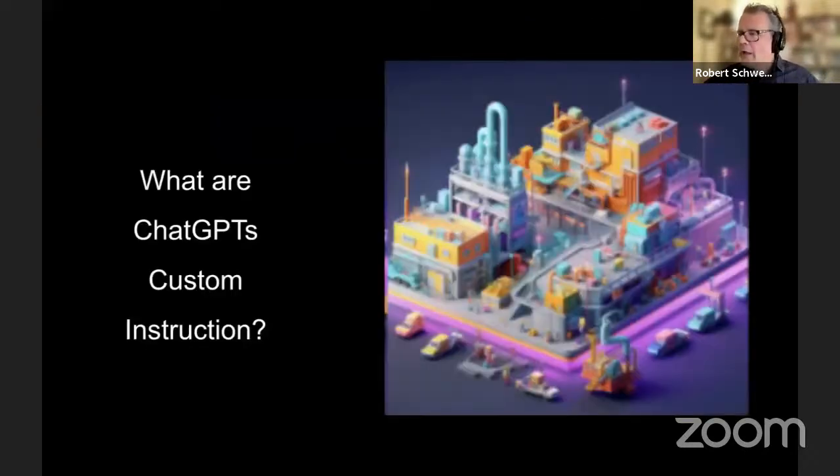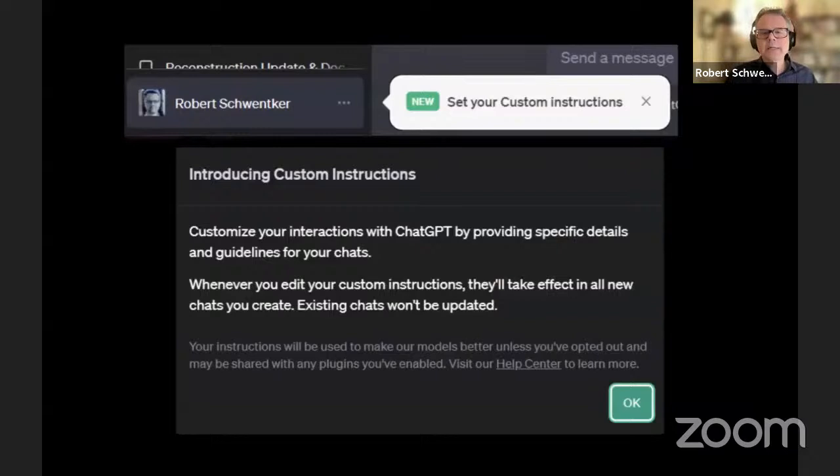And so we should also consider some ChatGPT custom instructions. This is a new feature of ChatGPT itself. So we're moving away from images back to text generation. This particular feature, recently released, allows us to set our own custom instructions.